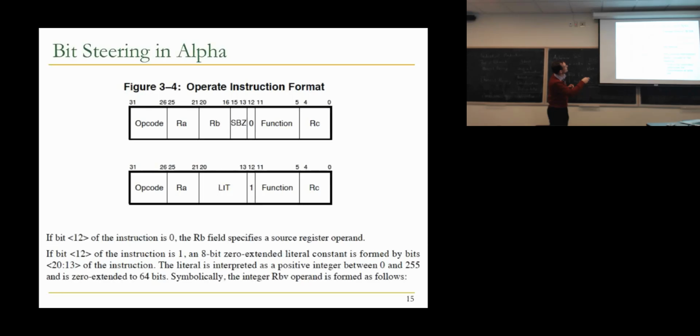If bit 12 is 0, then it's a register-to-register operate instruction. You operate on 2 registers and put the result in the destination register. If the bit is 1, you operate on 1 register and 1 immediate, called a literal in Alpha, and put the result in the destination register. So that concept exists in many ISAs.